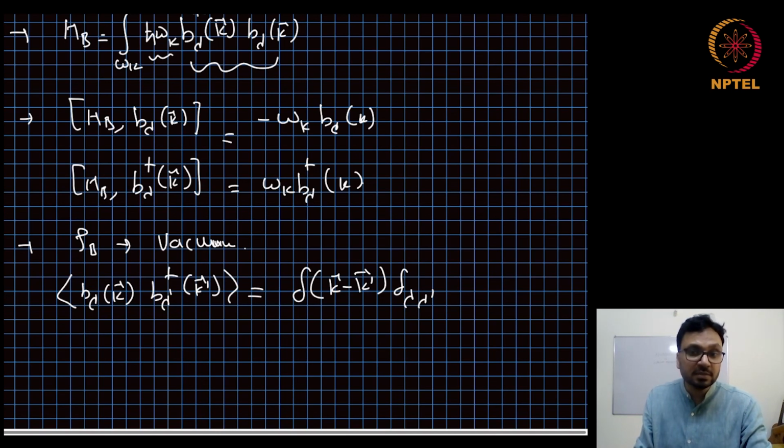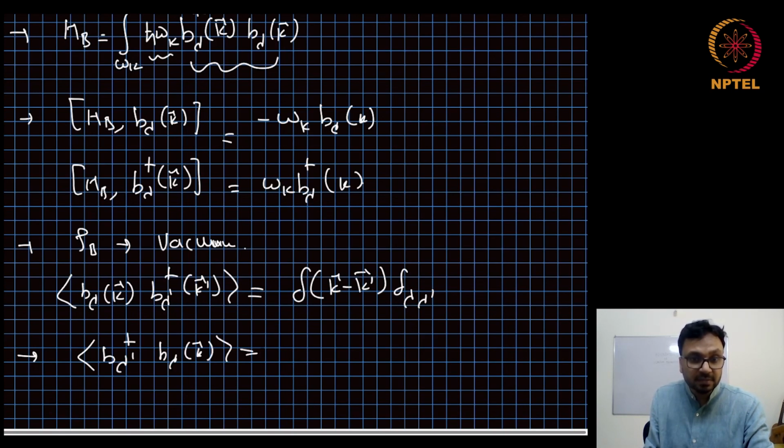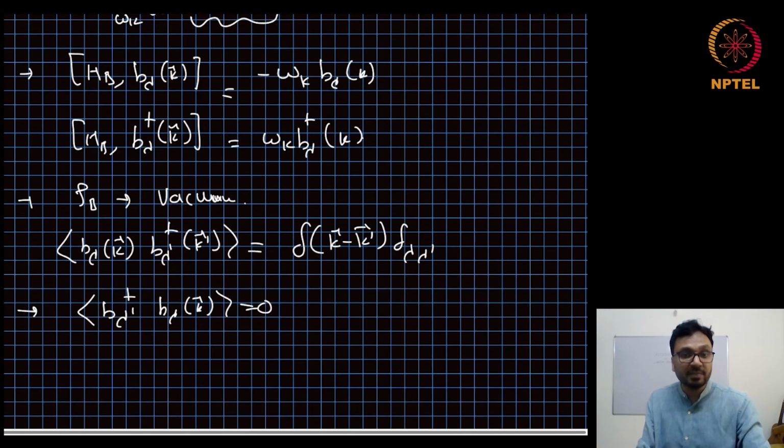So unless the two polarizations are the same and the two wave vectors are the same, the expectation value is 0. The expectation value of b lambda prime dagger b lambda k is always 0, and when lambda and lambda prime are the same, it is equal to 1.